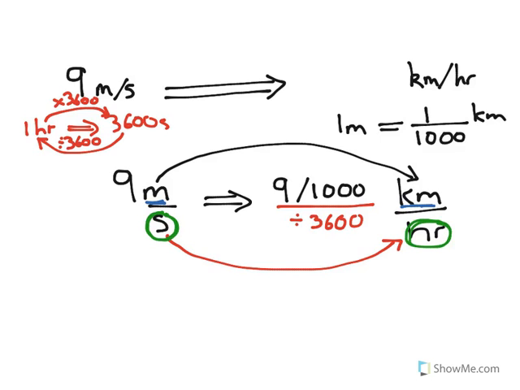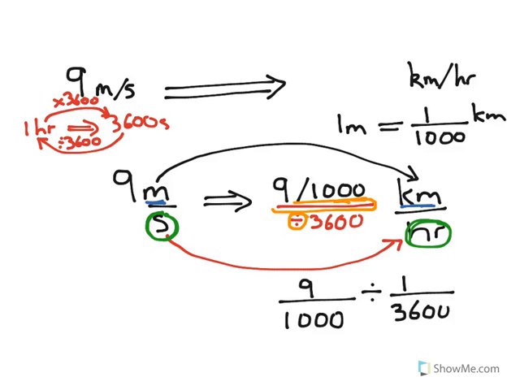So what we can see is we have actually a double divide line. First we have a divide line here, divided by, divided by. So we have two divide lines. It's as though we were writing like this: 9 1,000ths divided by the fraction 1 over 3,600.